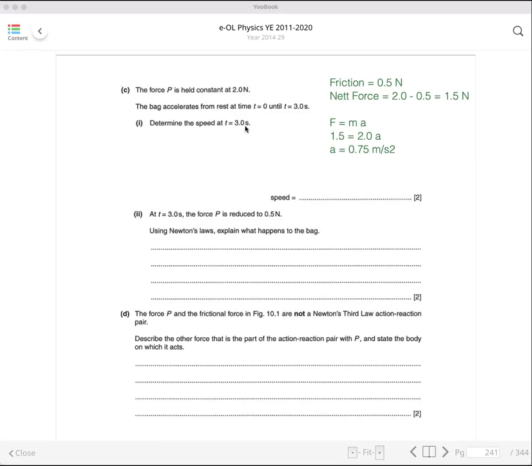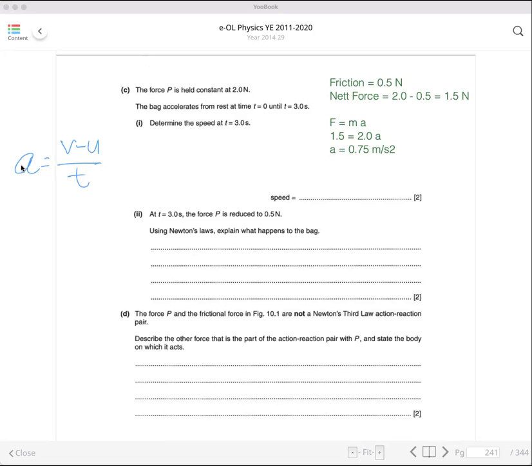The formula that you all need to know is A equal to V minus U over T. Wei Guan, what's your answer for this?